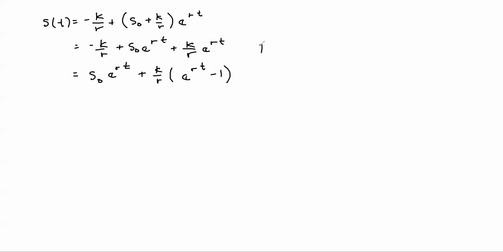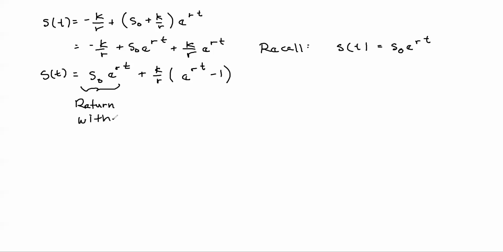Now, just recall from the first page, we said s of t equals s naught e to the rt, that this was the model without the additional deposits. Okay, so if s of t equals this, and this is the return without deposits, that implies that this must be the return from the deposits.